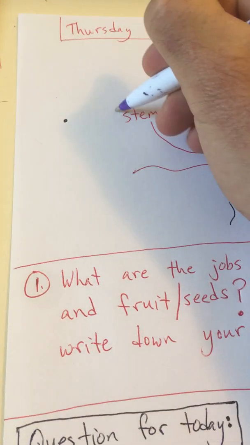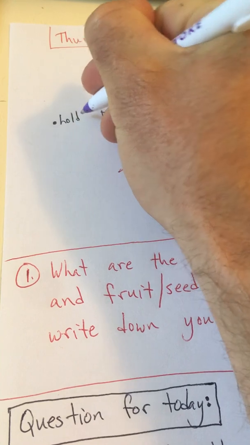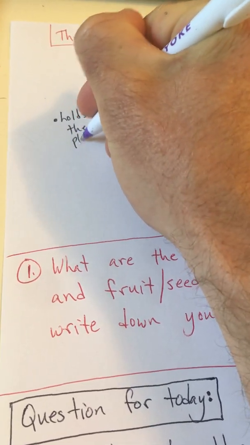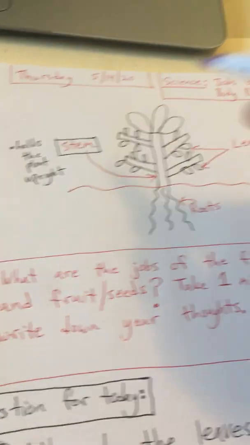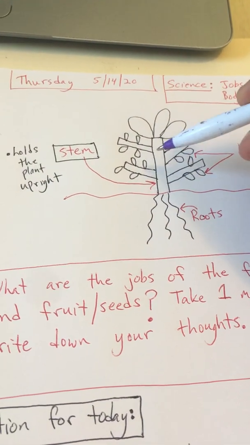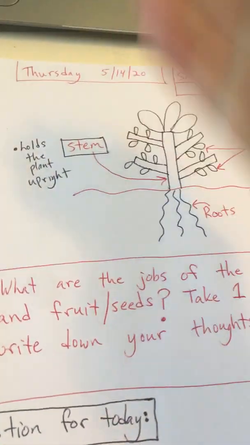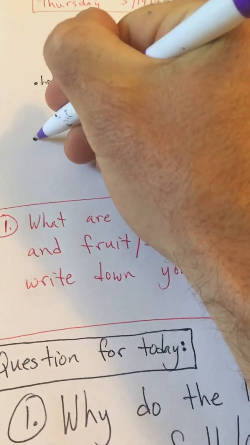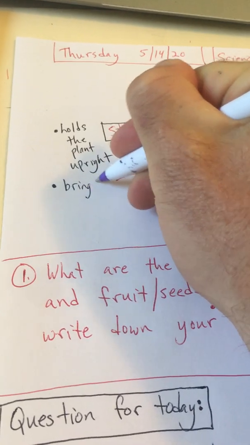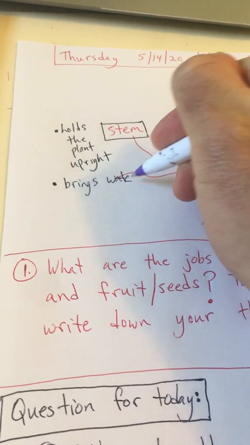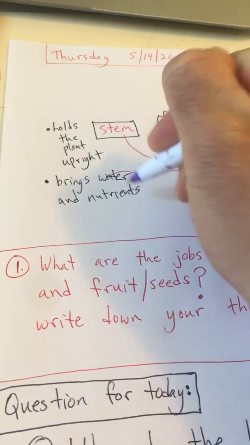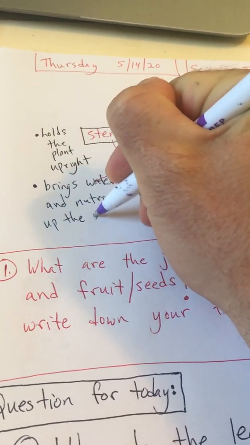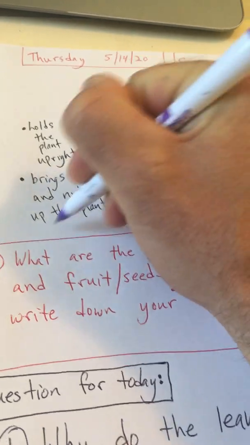So stem, we'll start with stem. The stem holds the plant upright. Okay, if the stem wasn't there, the plant would just fall over. So it holds the plant standing up tall. It also brings water and nutrients up the plant to the leaves.